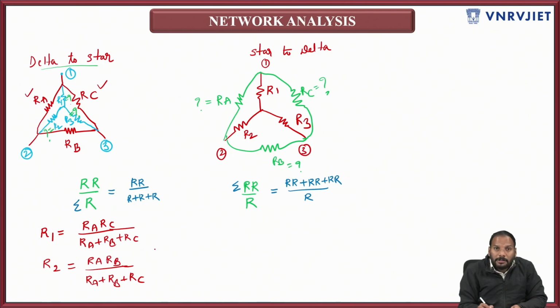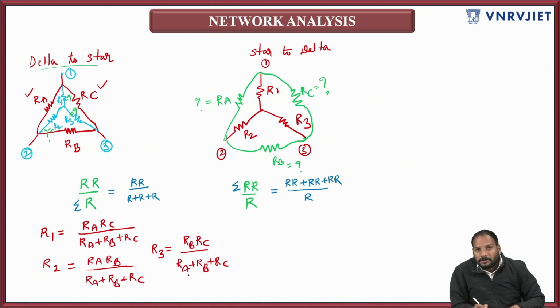Similarly, you can write the value of the last resistor, R3, in the star connection, which in terms of deltas is RB RC divided by RA plus RB plus RC. This is how beautifully you can convert a given delta network into a star connection.